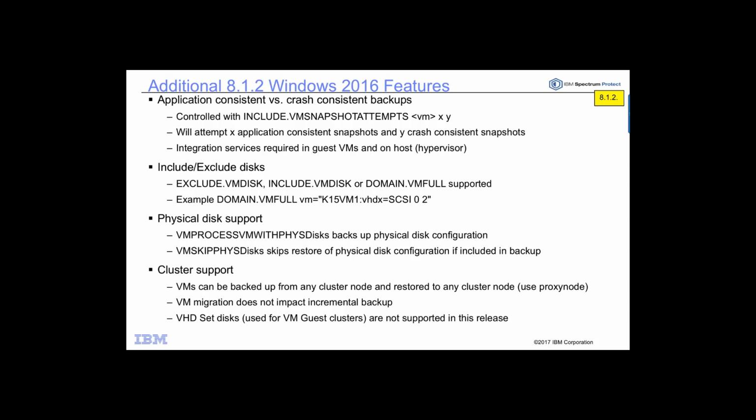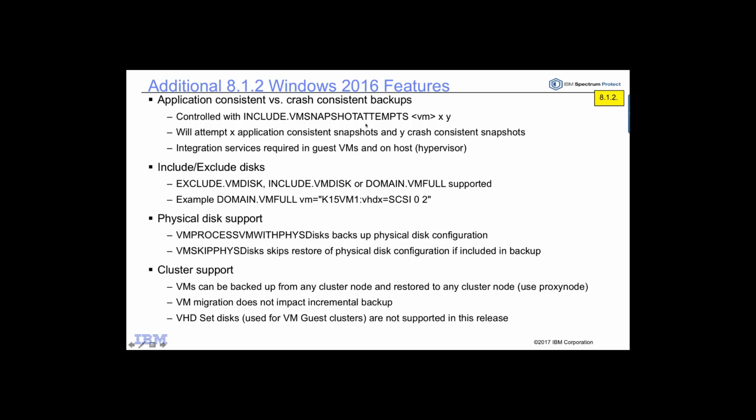Now, in addition to supporting RCT, we've also added some additional features to the product and to Windows 2016 support when you're using RCT. We have added this include VM snapshots parameter, which will attempt to do application consistent data protection of the VMs before switching to a crash consistent snapshot.